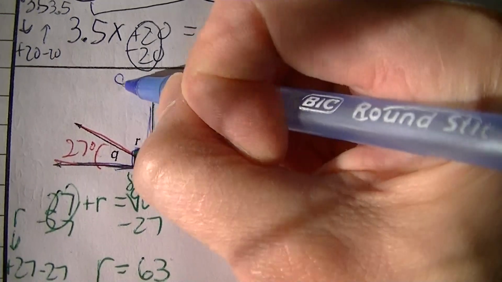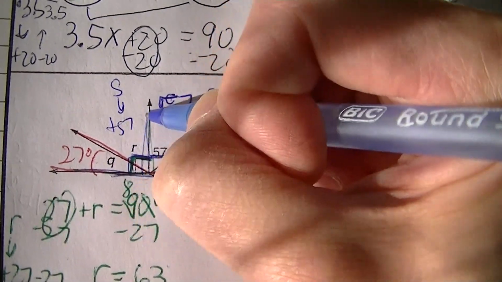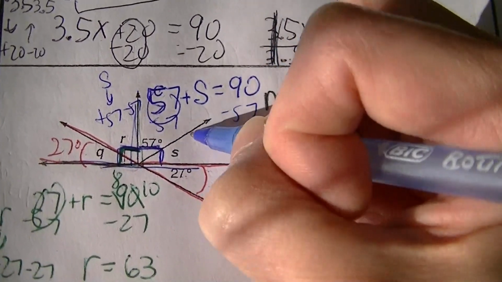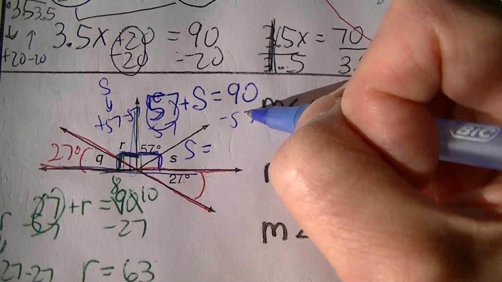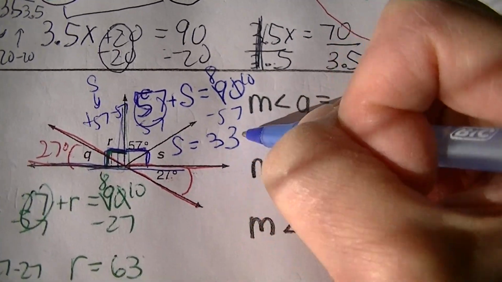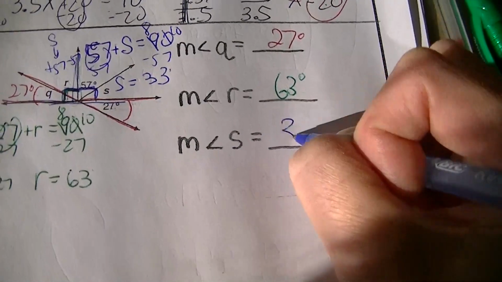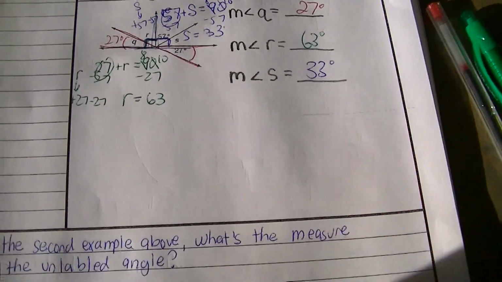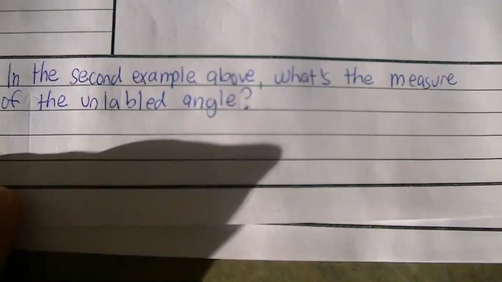When I built this, I start with S, then we added 57, so the inverse operation is to subtract 57 from both sides. So S is equal to whatever 90 minus 57 is, which is 33. So angle S is 33 degrees.